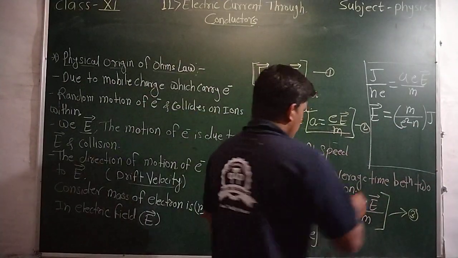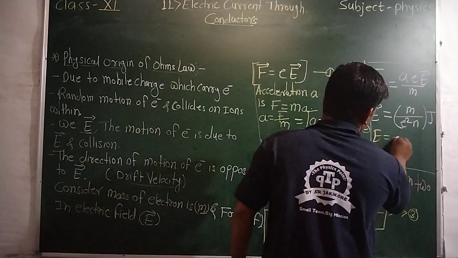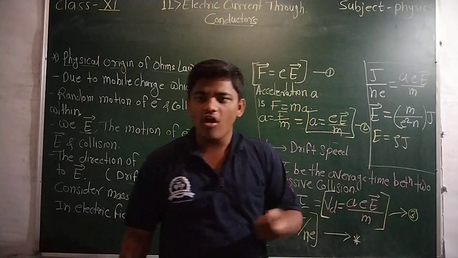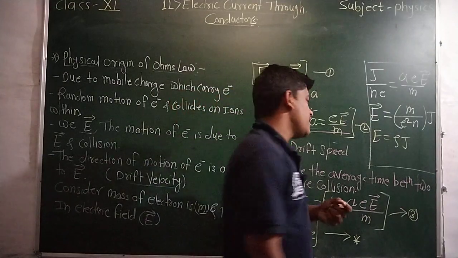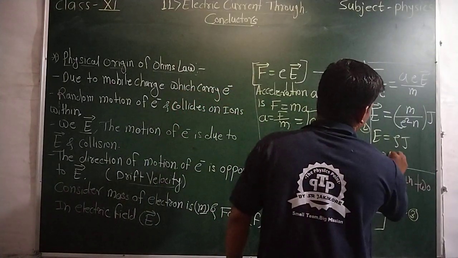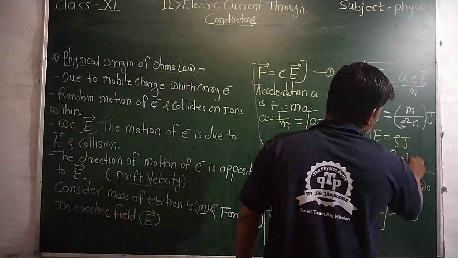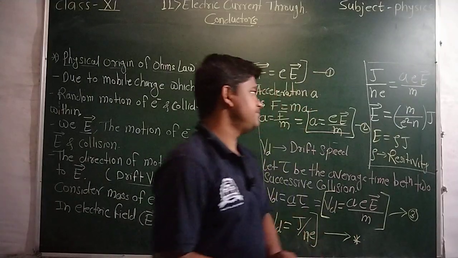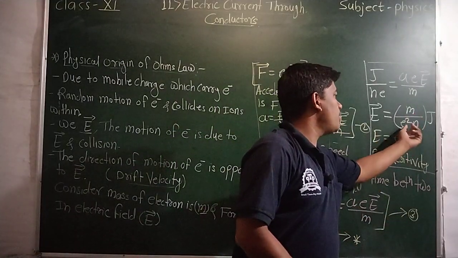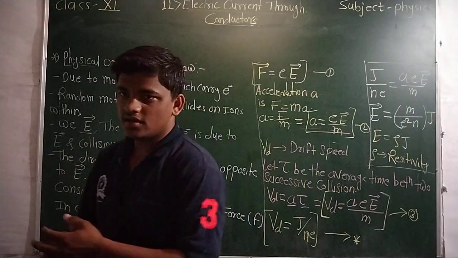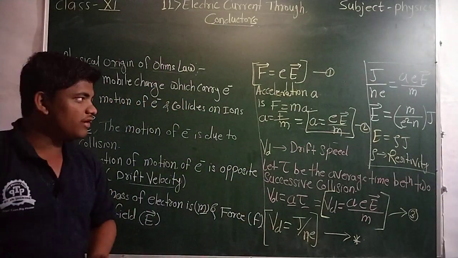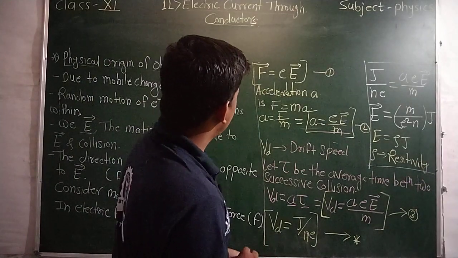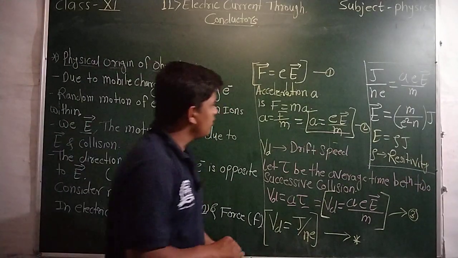Then E is equal to rho into J, and rho is the resistivity of the material, and resistivity rho is equal to m upon E square into N. This is all about our equations, and one term will be missing here, that is tau.